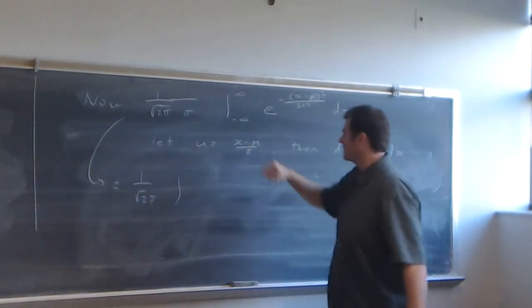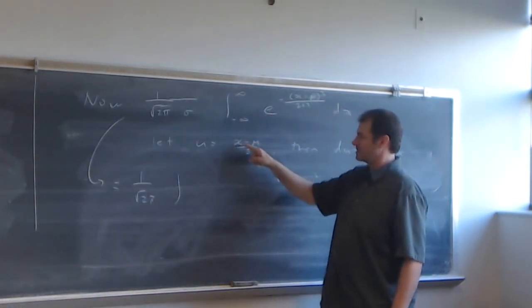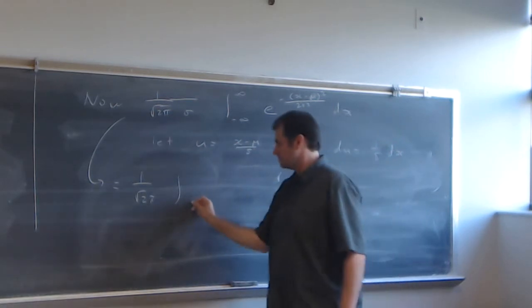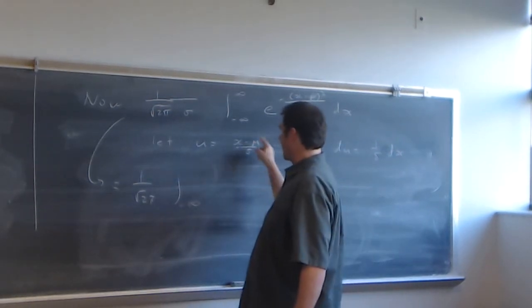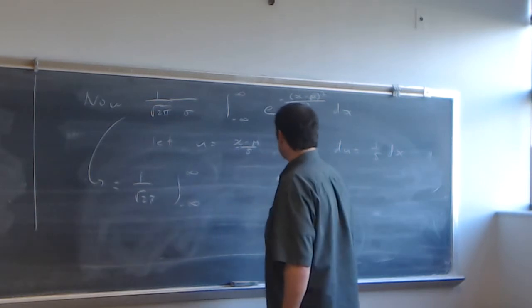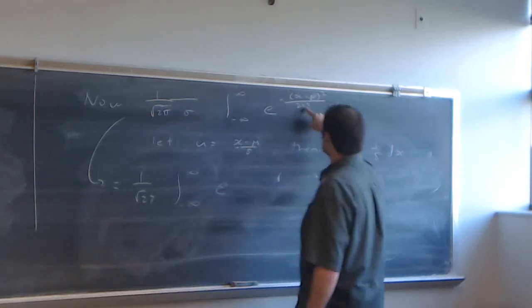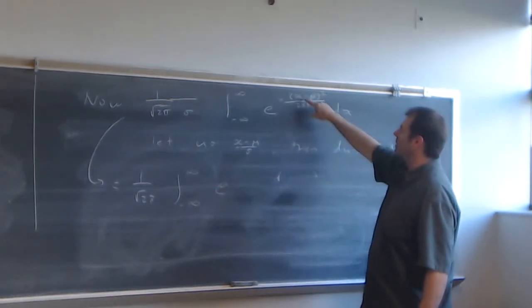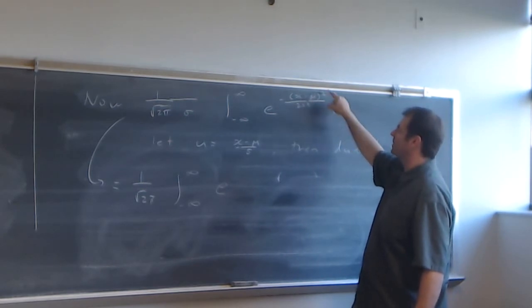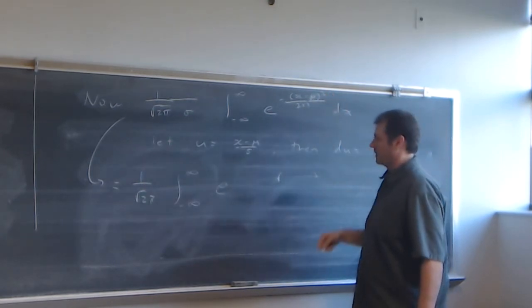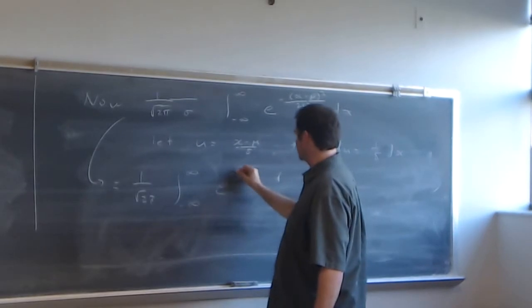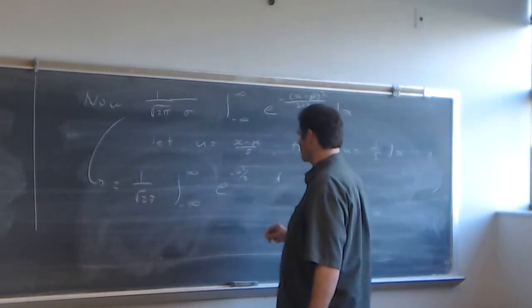as x, the limits of integration, as x goes from minus infinity, well, u would be minus infinity. And if x was a huge positive number, u would still be a huge positive number. The sigma squared can be brought into x minus mu over sigma, all that squared. So this is e to the minus u squared over 2.